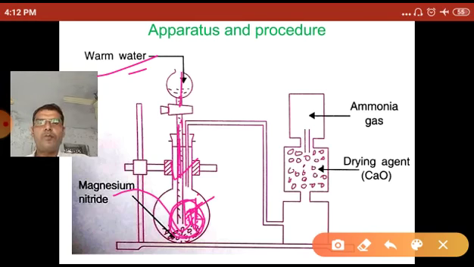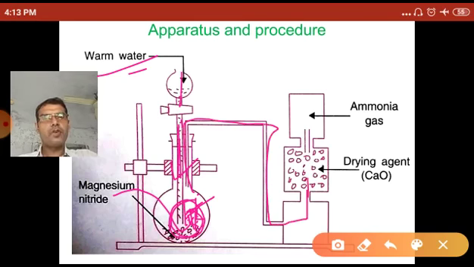When adding the warm water, the reaction will start and form ammonia gas, and that ammonia gas passes through the delivery tube and goes into the drying tower. The drying tower contains the drying agent calcium oxide, quicklime.